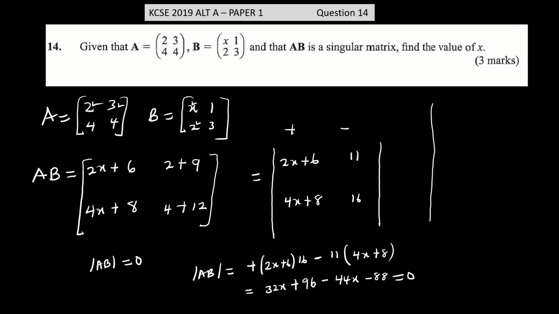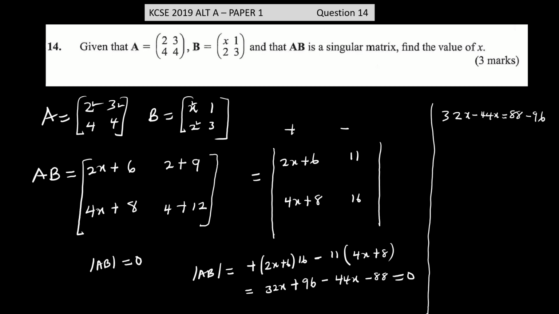Let's draw a line here. So to collect like terms, we are going to have 32x minus 44x equal to 88 minus 96.